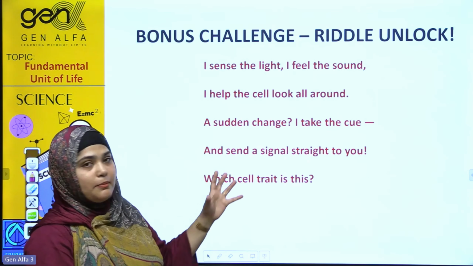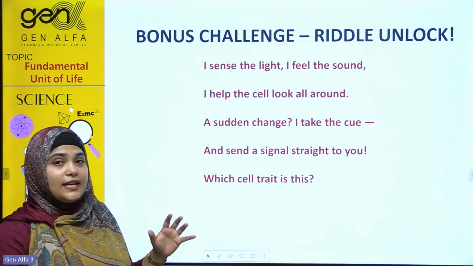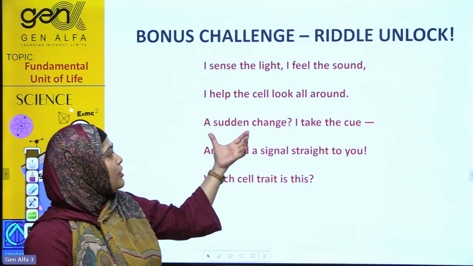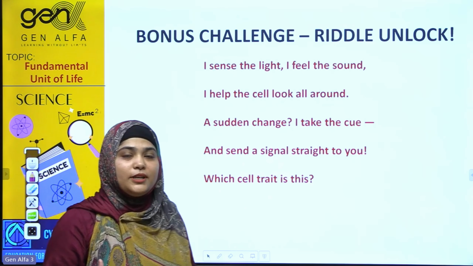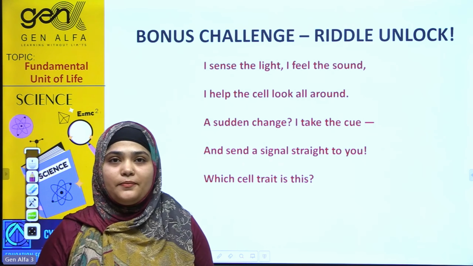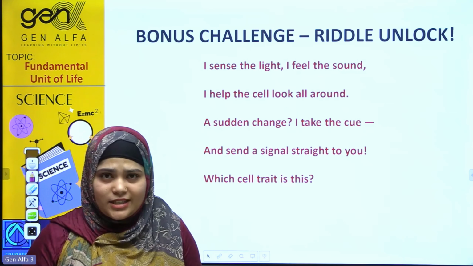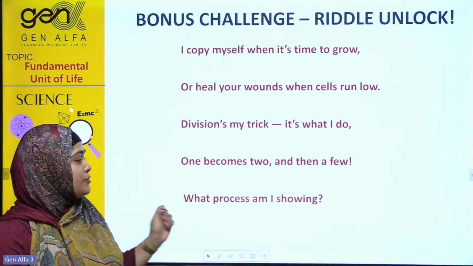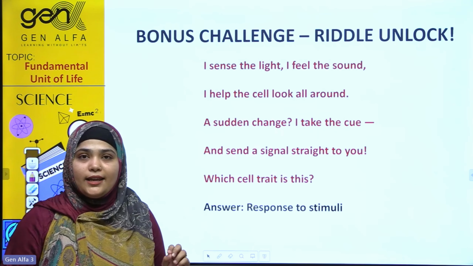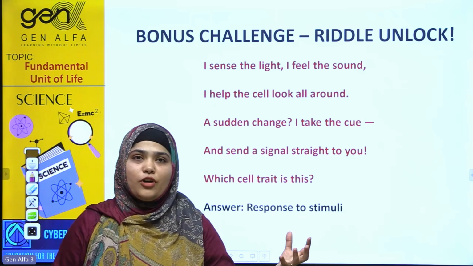Look at the statement carefully. A sudden change. When your body meets a sudden change, what happens actually? It is going to perform different types of activities to maintain internal balance. So the answer is actually respond to stimuli. The cell is going to respond to stimulus, changes in the environment.